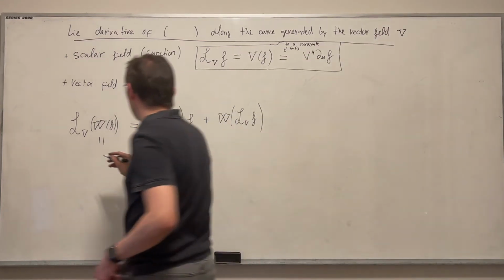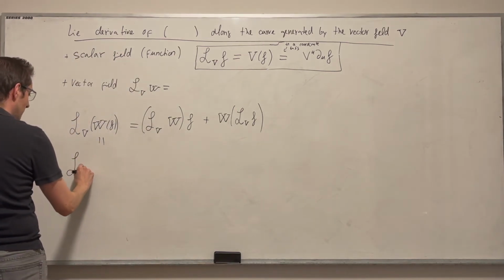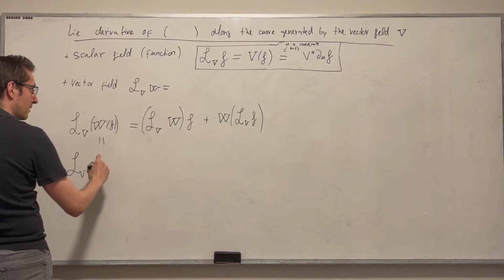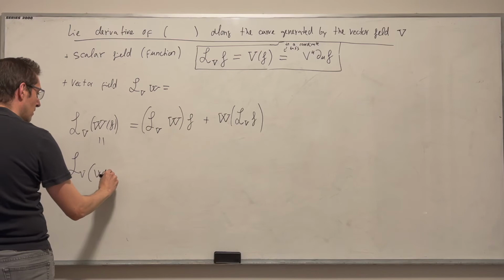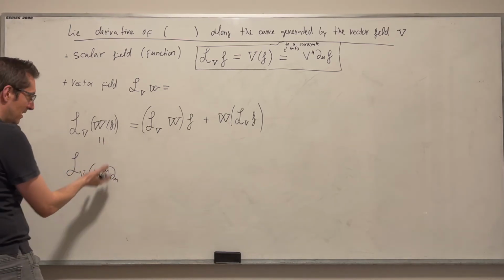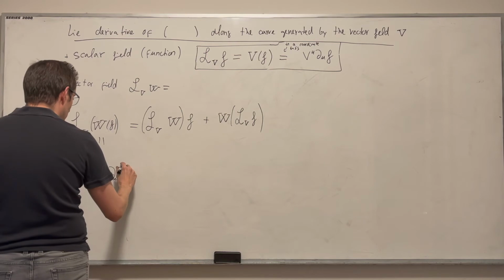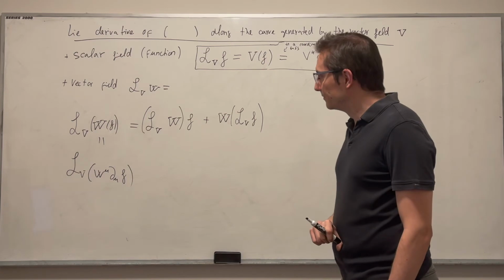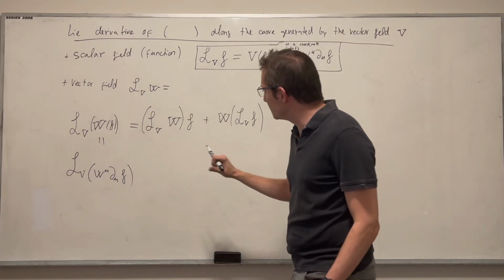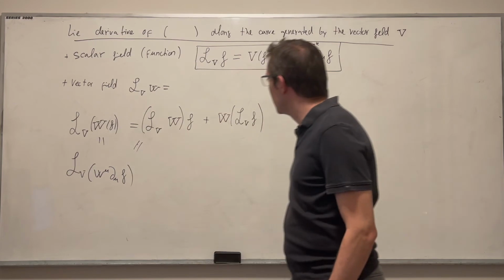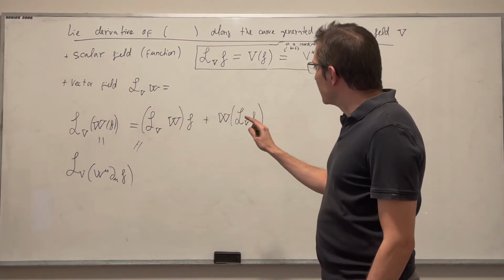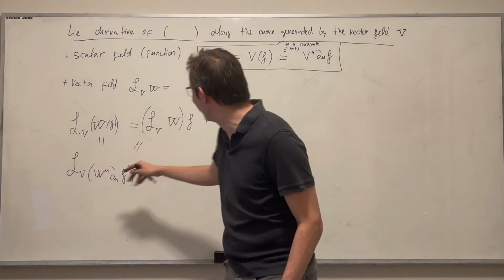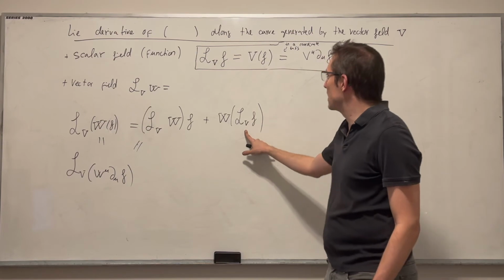On the other hand, I know that this is the Lie derivative with respect to v of w^mu partial_mu f, in a coordinate basis. I just pick a coordinate basis to do it. Wonderful. That is nice because I can equate these two things, right? This is very interesting because this is the Lie derivative of a function. This thing is a function itself, a scalar, no indices. And this thing is also the Lie derivative of a function that I know how to compute.